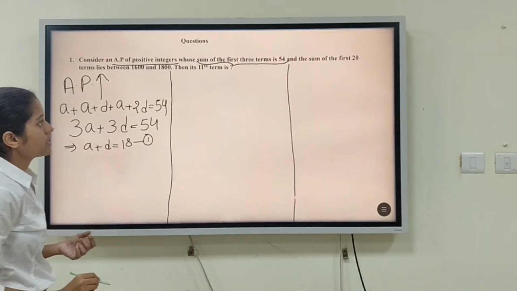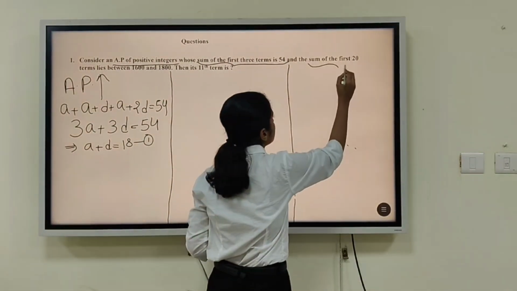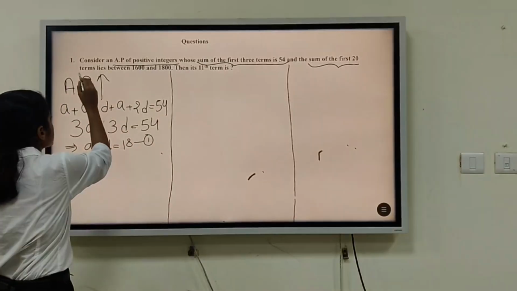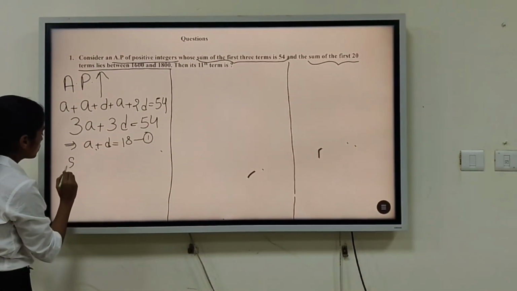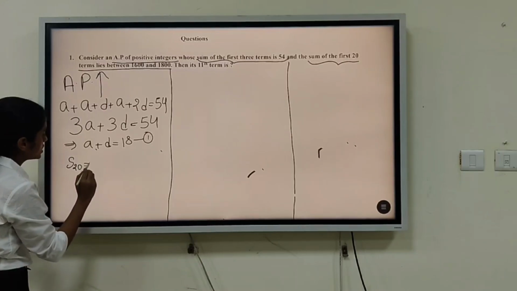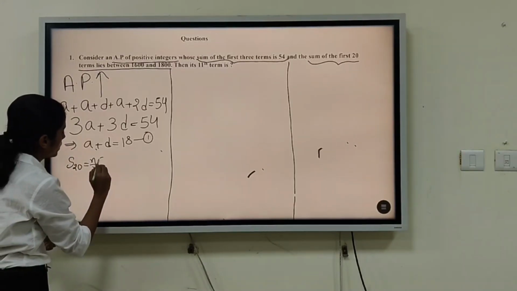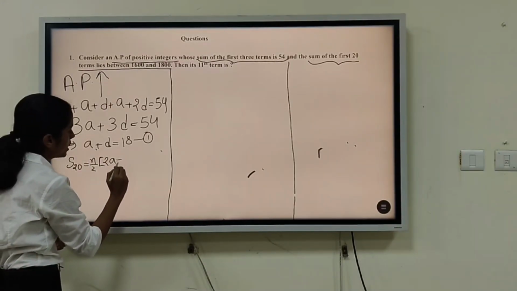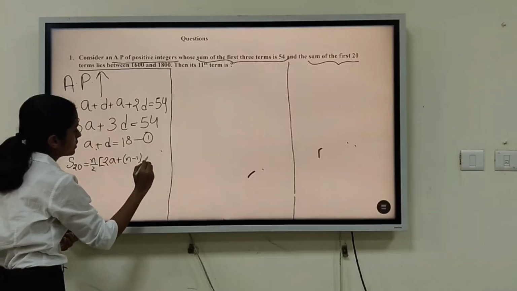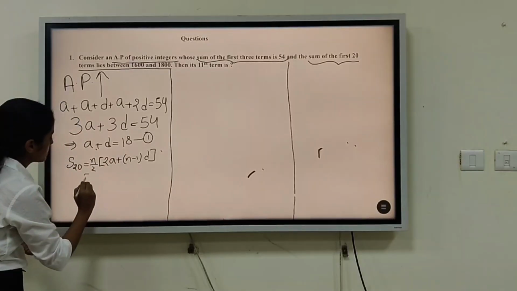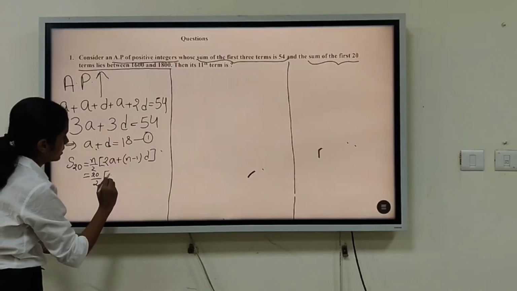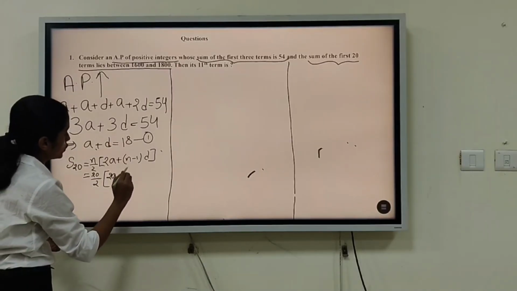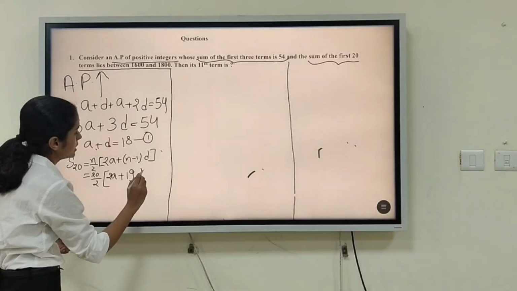The second information given is that the sum of the first 20 terms lies between this range. So first of all, I will find S20, which is equal to n by 2 into 2a plus n minus 1 into d. We will substitute the value of n, which is 20 by 2, and 2a plus 20 minus 1, which is 19d.